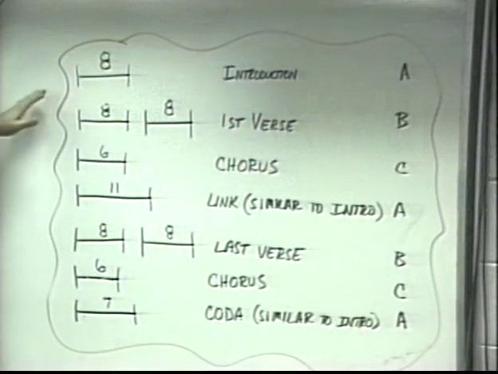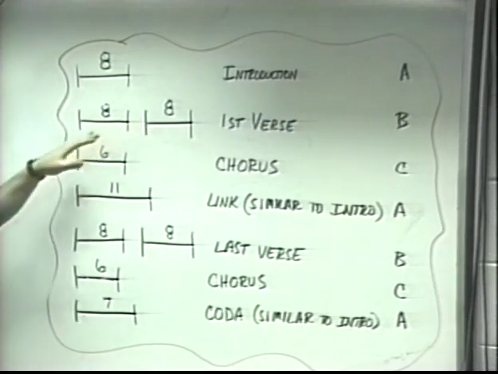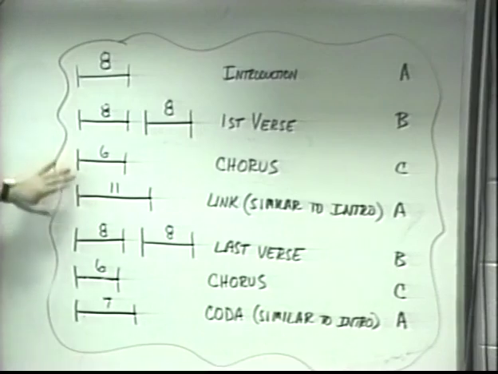Okay, this is the form of a hymn song by Philip Bliss. And the first part, the 8 bars here, is the introduction. And that's composed by Mr. Holsinger. And then the first verse is 16 bars. It's followed by the chorus, which is 6 bars. And then there is a link between the chorus and the next verse.